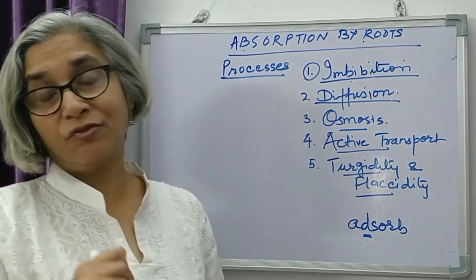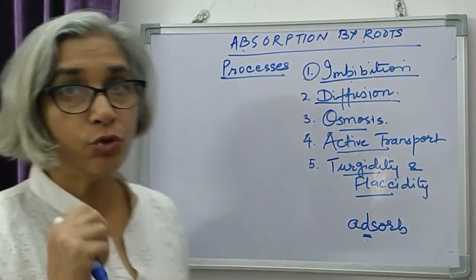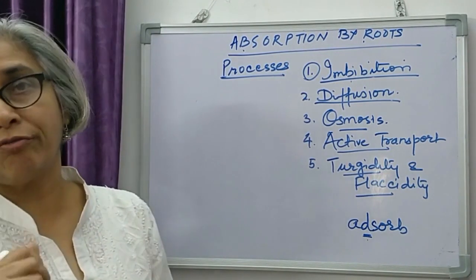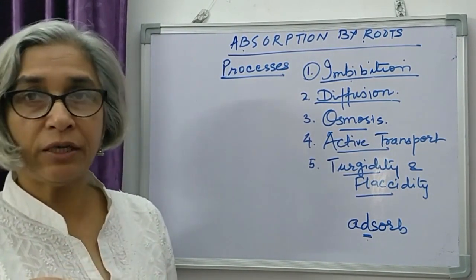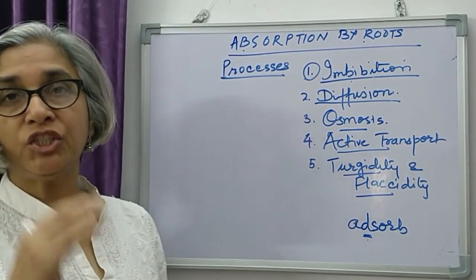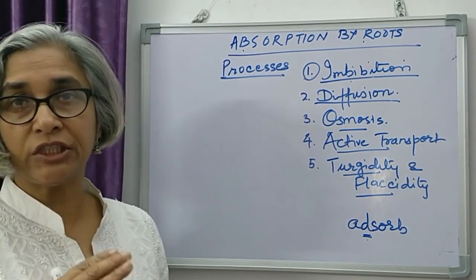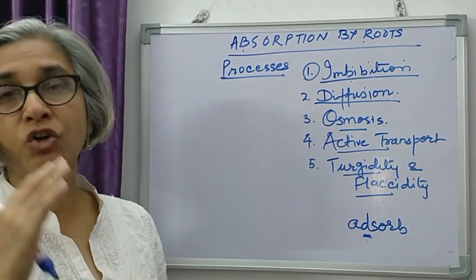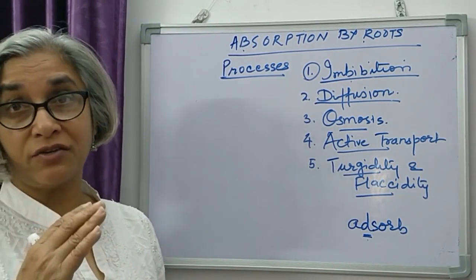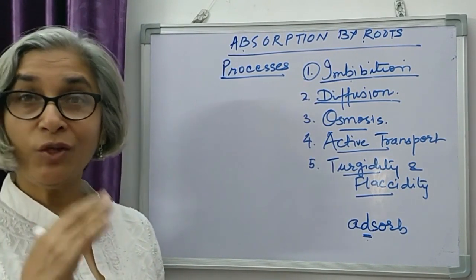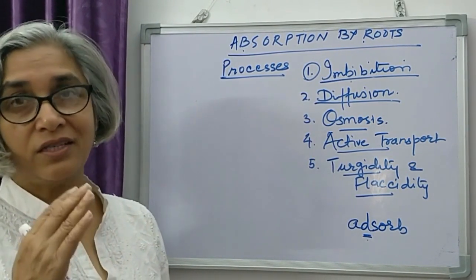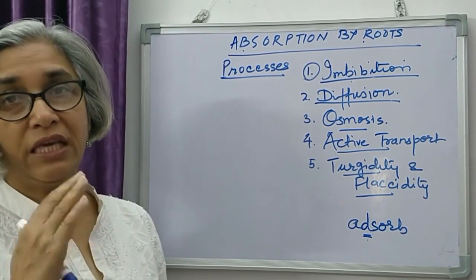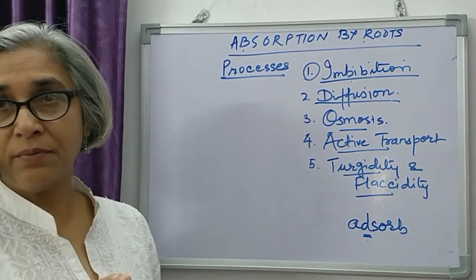So when we have to define diffusion, we say diffusion is the movement of molecules of any substance from a region of its higher concentration to a region of its lower concentration when the two substances are in direct contact with each other. So I have given you examples.